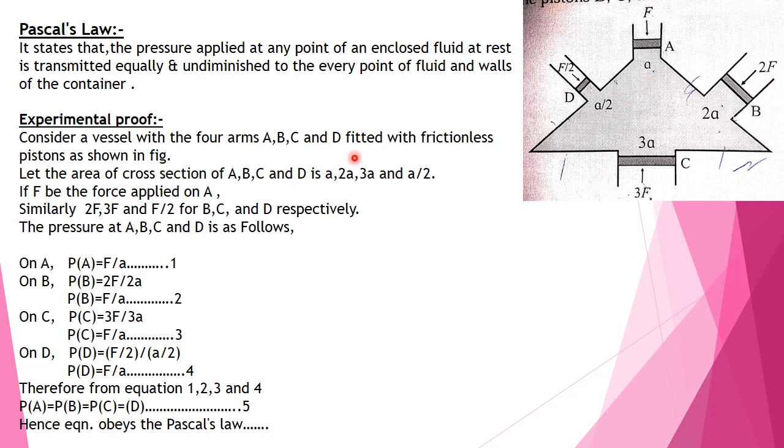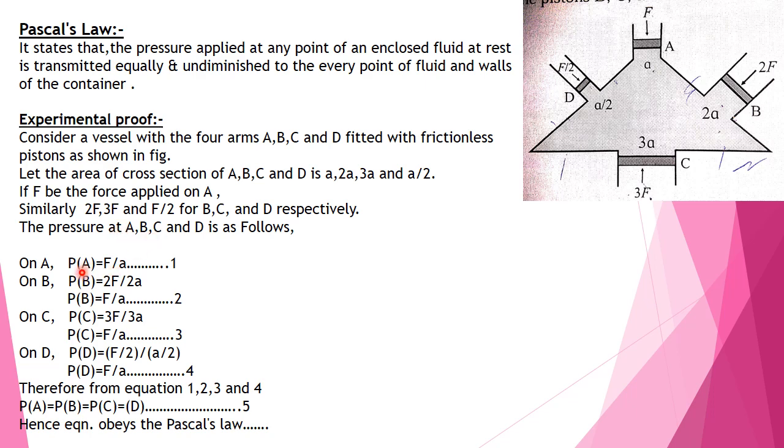A vessel consists of 4 arms A, B, C, D, which are fitted with frictionless pistons and having the areas A, 2A, 3A, A by 2, with the forces F, 2F, 3F, F by 2 respectively. The pressure at the points A, B, C, D is as follows.